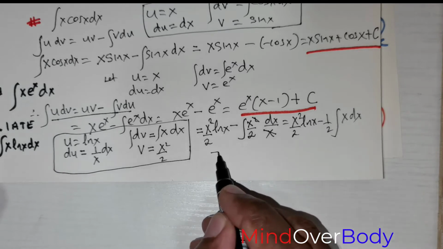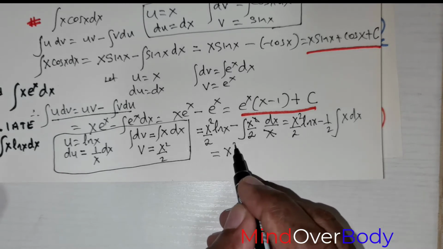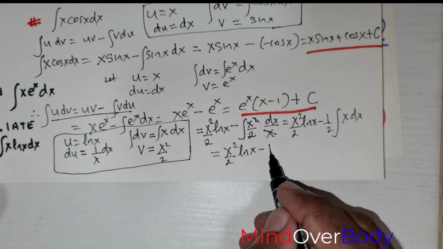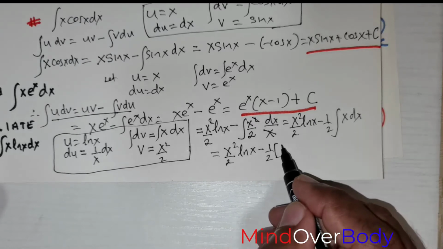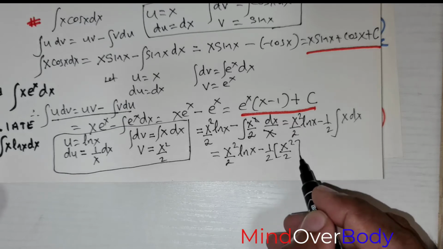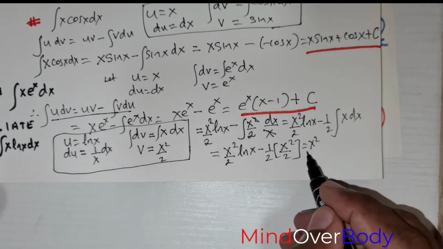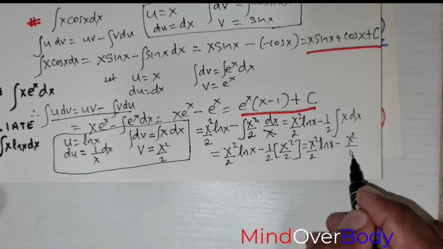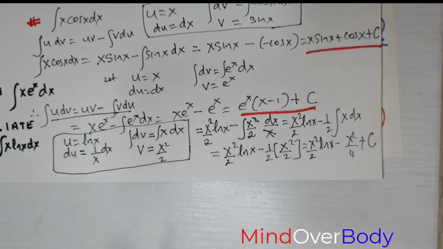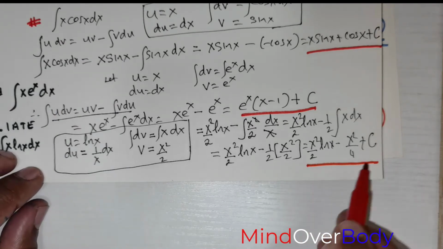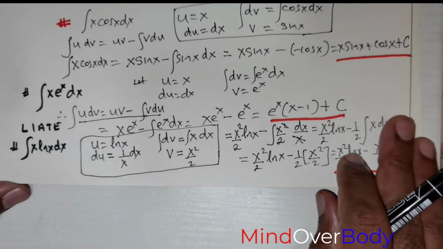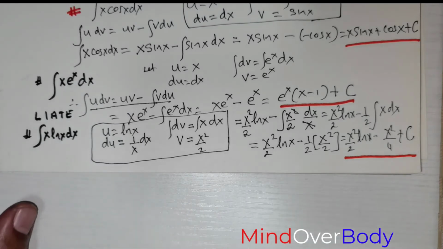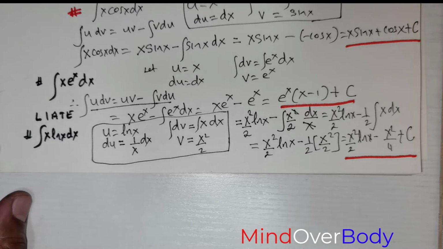If I were to integrate that, we would get x squared over 2 times ln x negative 1 over 2 times integration of x dx would give me x squared over 2. I can rewrite this as x squared over 2 times ln x negative x squared over 4 plus arbitrary constant c. So that is a good place for us to draw the red line. I have squeezed a question in this space here. I hope you don't mind. So we'll move on to the next question, students.